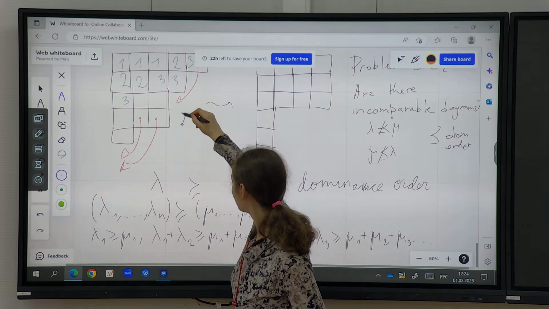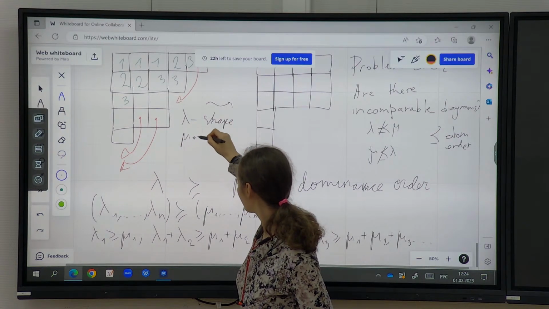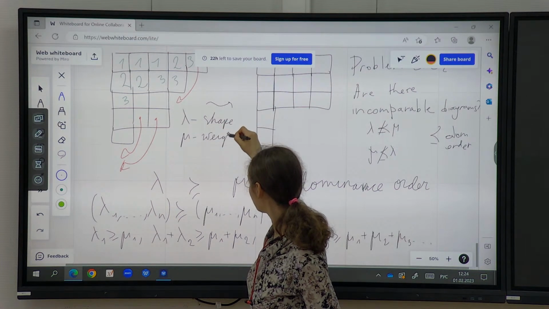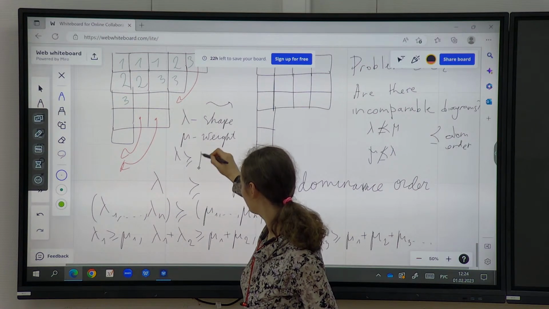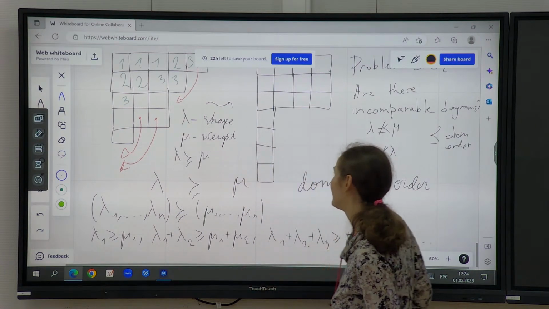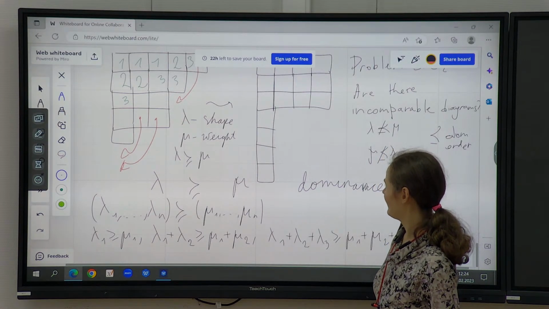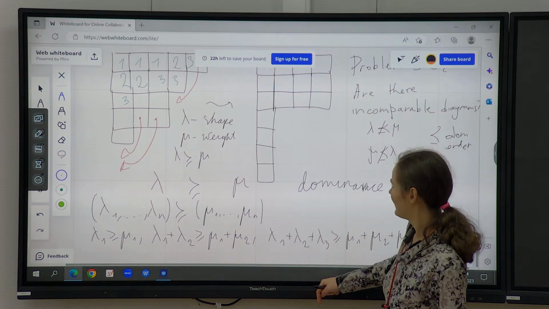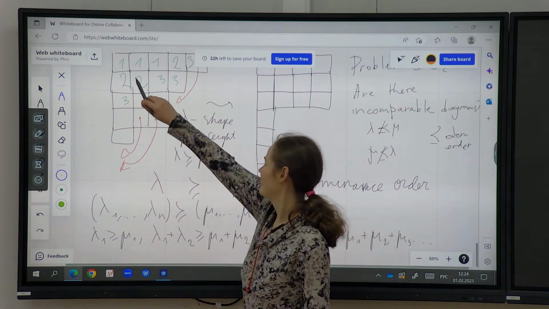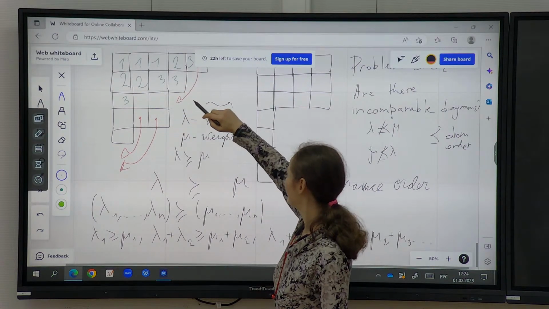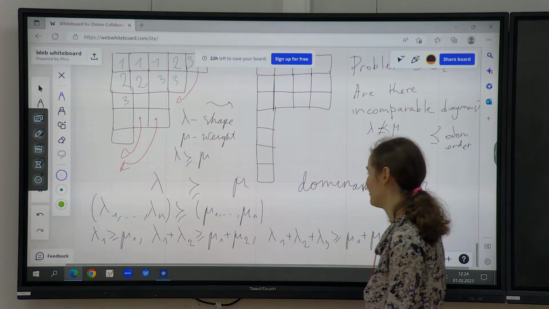So, the shape lambda dominates the weight mu. And we have exactly one Young tableau with the weight lambda, when all the first row is filled with ones, the second row is filled with twos, and so on.